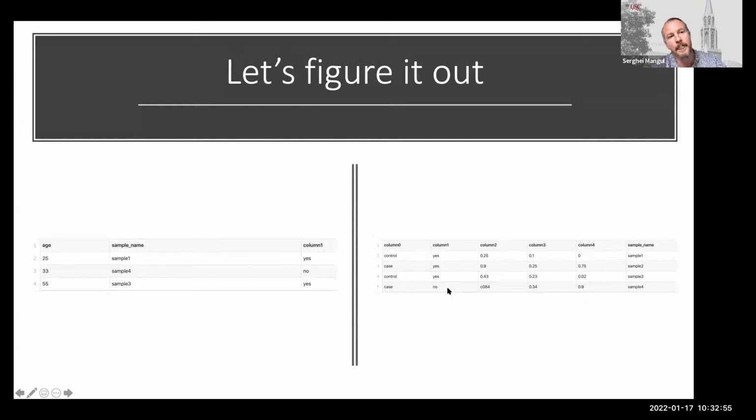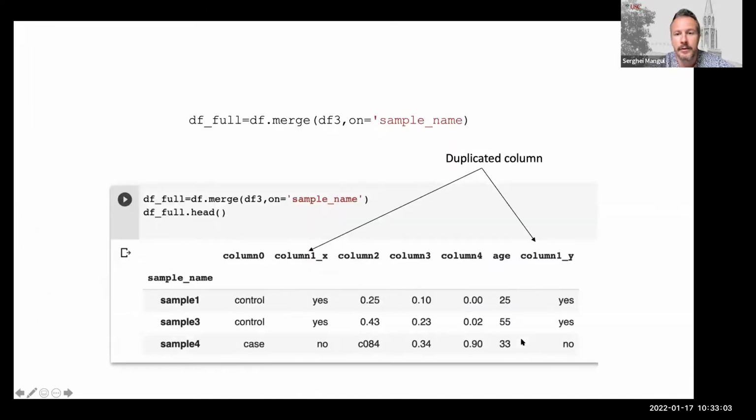So you can see that both data frames share more than one column. They share 2 columns, okay? So let's see what will happen. What we're trying to do is merge based on sample name. Great. So sample name is the required column.